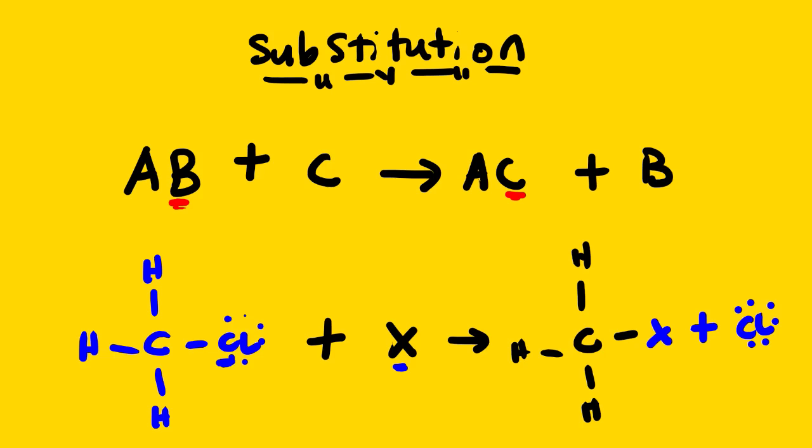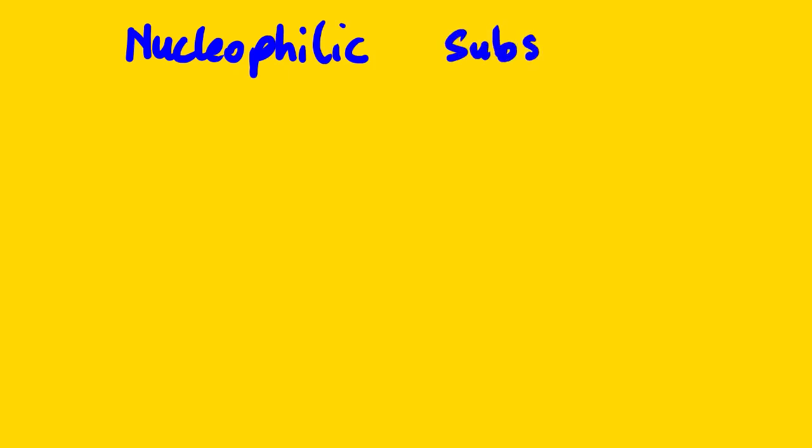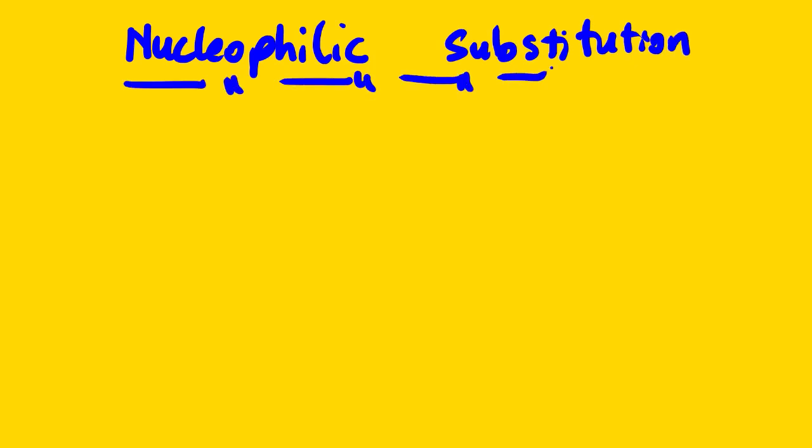reaction. Now in organic chemistry, we have what we call nucleophilic substitution reaction. Remember that in the first lesson video we said nucleophiles are those particles which are negative, they would like to donate electrons.